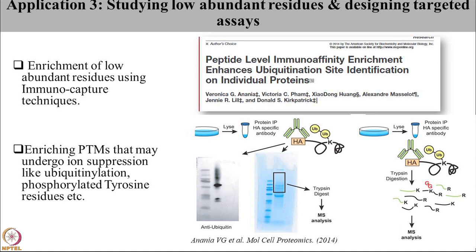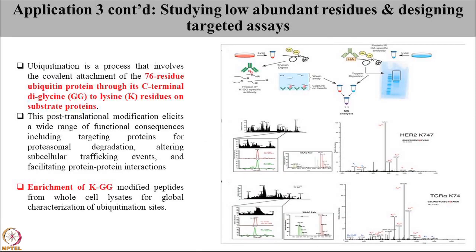You would hardly see any tyrosine residues, because tyrosine residues are, A, very few in the whole proteome, and B, very transient in nature. Sometimes they are phosphorylated, sometimes they are not, so it's hard to get. So what you can do is take an antibody, pull down the tyrosine phosphorylated residues, and perform an MS to be very confident that you're getting the tyrosine phosphorylated residues.